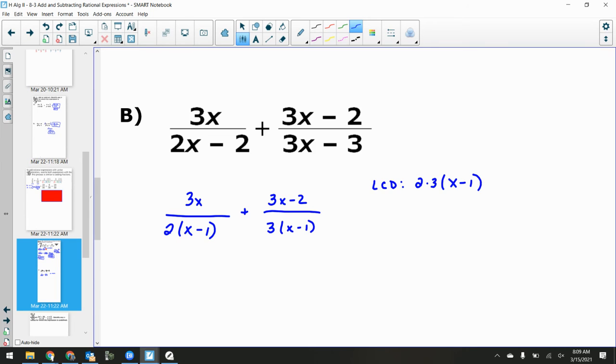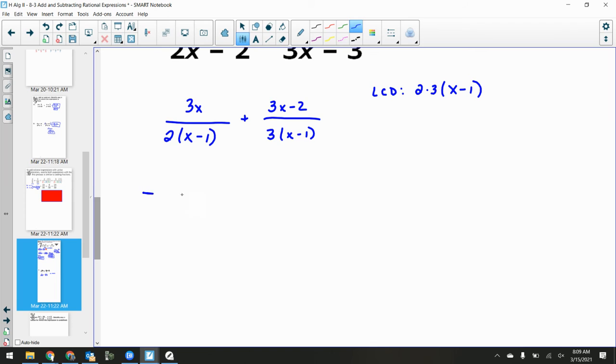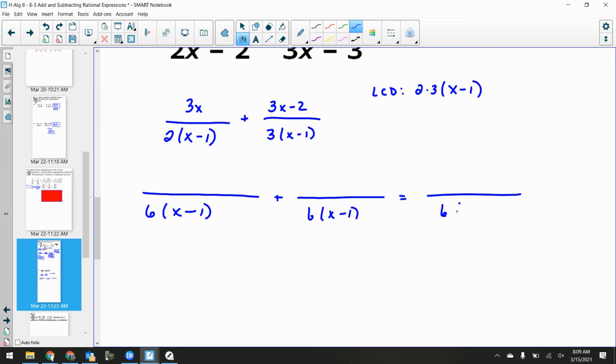Okay. So now I can rewrite it like this. I can say, sure, 6 times x minus 1 plus 6 times x minus 1 is equal to 6 times x minus 1. Okay, I look at my left side fraction. The only thing missing out of that is my 3.